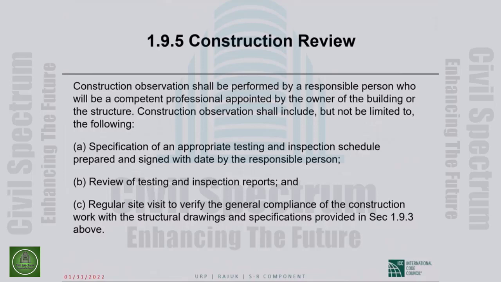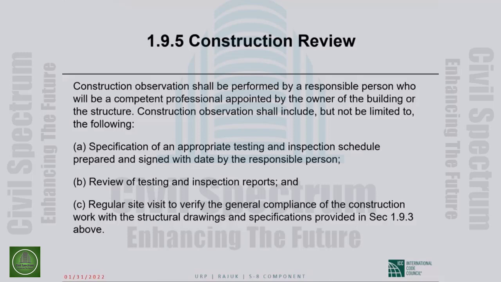Construction observation shall be performed by a responsible person who will be a competent professional appointed by the owner of the building. Now the owner appoints the construction observer, as he is being called here, not the jurisdiction, not the authority. Okay?